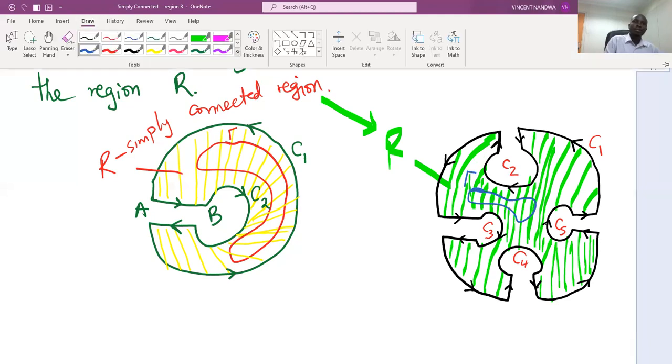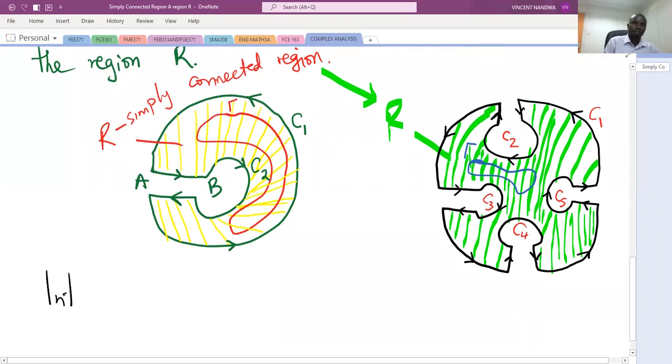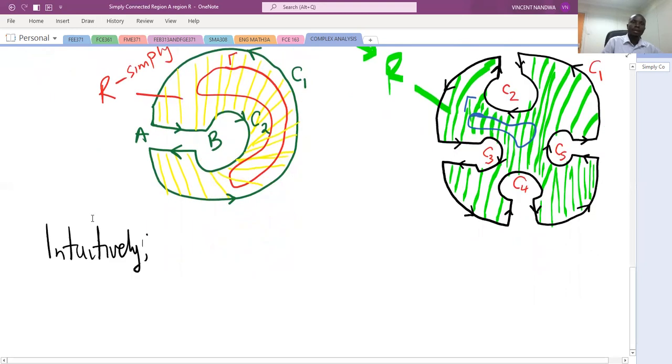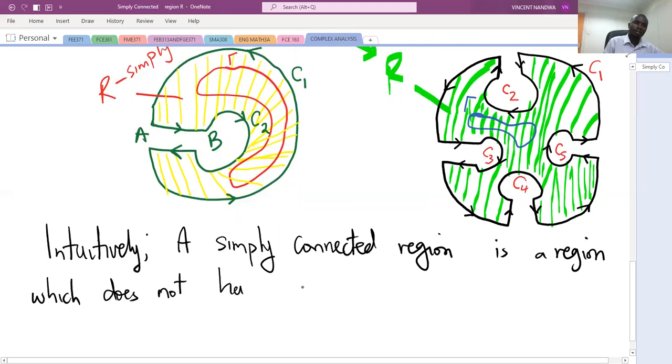And so in short, we can say a simply connected region is a region which does not have any holes.